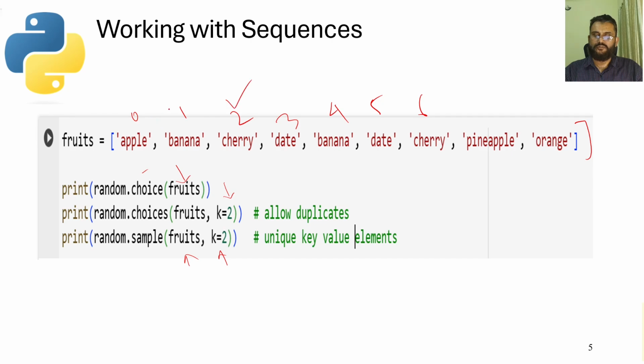If it selects the value at index or key 2, which is cherry, it is not going to select this value again at this index. But it is possible that it selects the value at 6. So in the results, you might see duplicate values, but the keys or the indices will not be repeated, which is possible in random.choices.